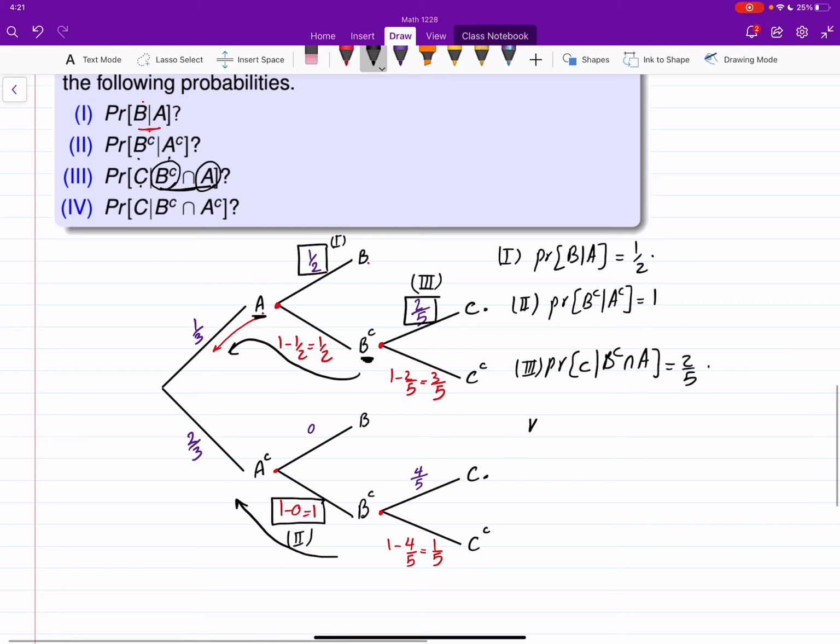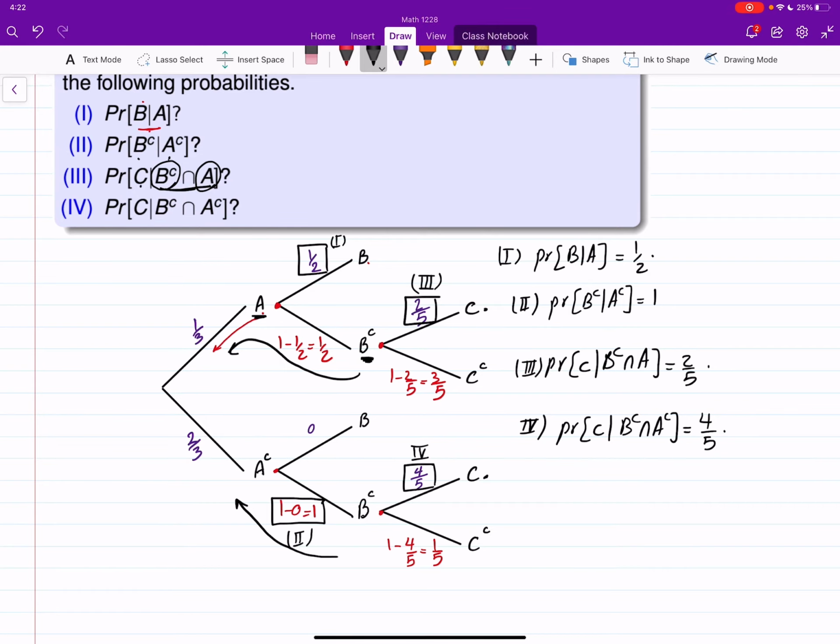So that is what we have: the probability of C knowing B complement intersect A complement, which will give me this edge, 4/5.